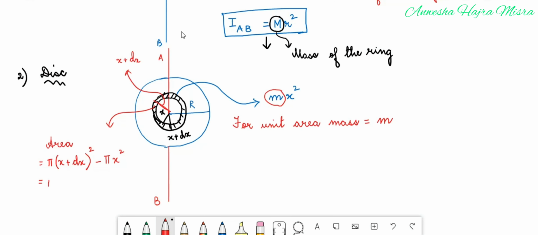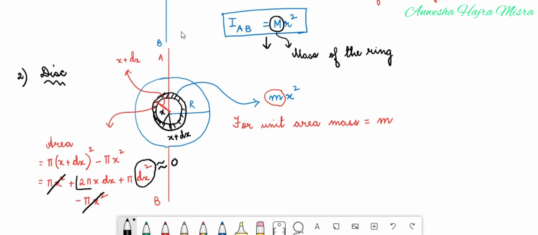Now if we expand this, it is pi x square plus 2 pi x dx plus pi dx square minus pi x square. Now pi x square cancels. dx is very small, so the square of a small quantity is almost equal to 0.